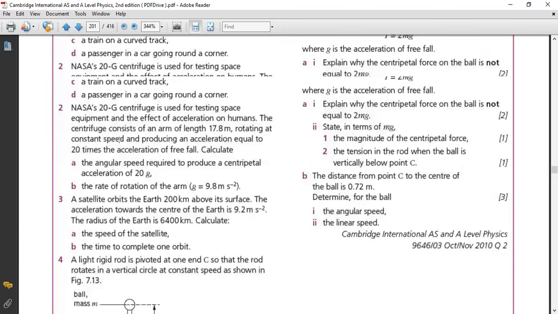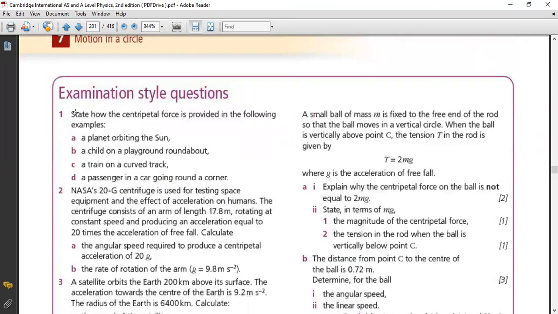In the first question, they are saying: state how the centripetal force is provided in the following examples. A, a planet orbiting the sun. Shafuddin, tell me what will be the answer of this question? I told you this in detail.